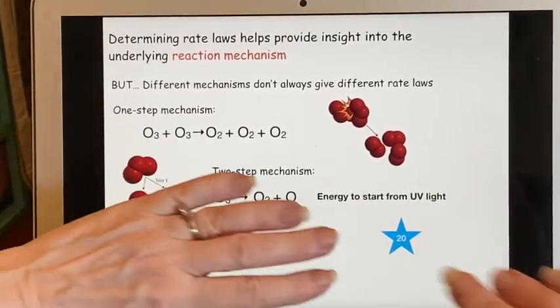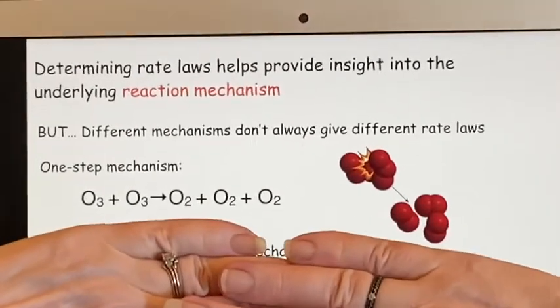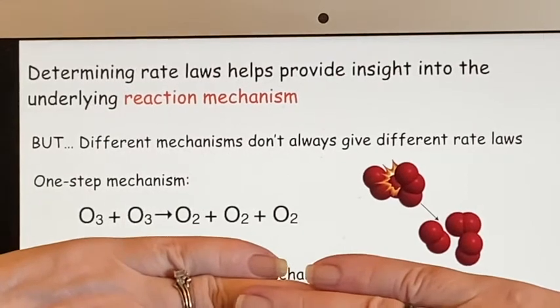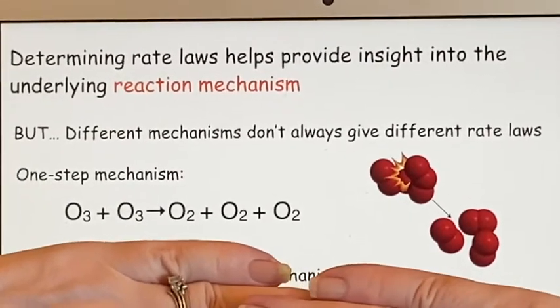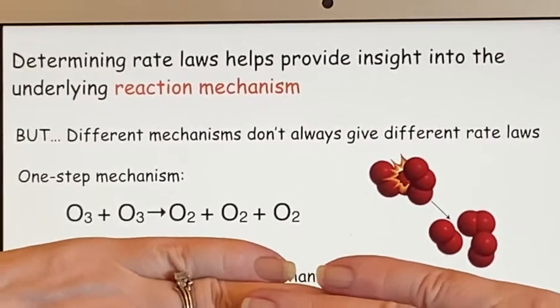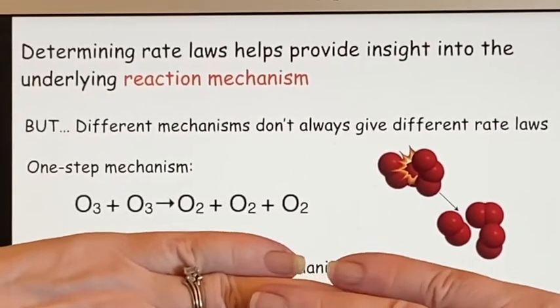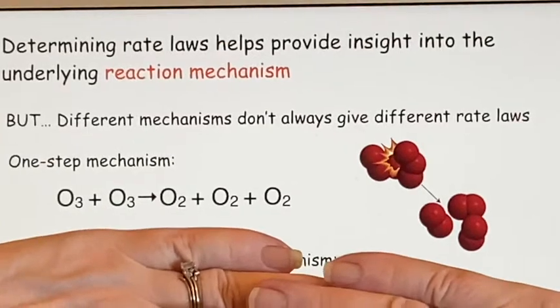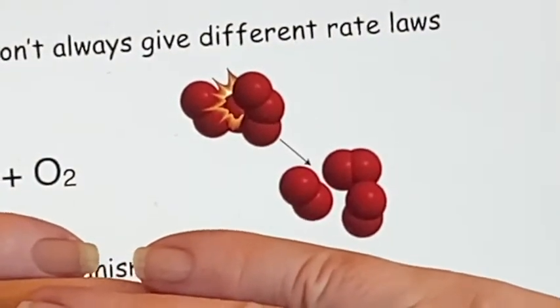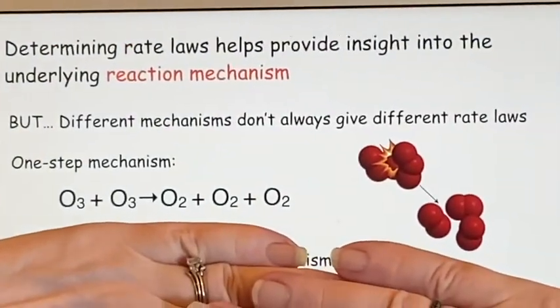So first of all, I'd like you to just look at this top part. Here is a one-step mechanism for how ozone might break down into normal diatomic oxygen. If two ozone molecules collided, bam, and they just broke into 3 normal diatomic oxygens, this would work as a one-step mechanism. So that must be an elementary step.